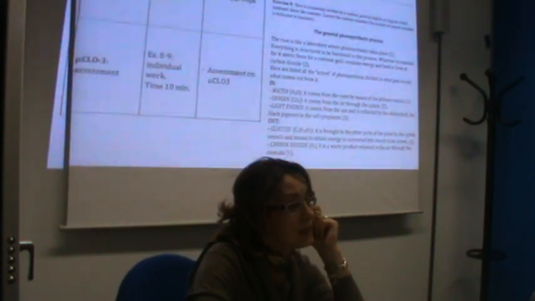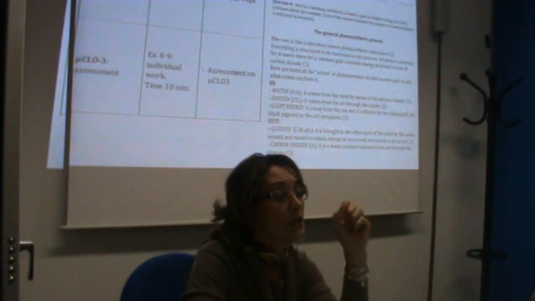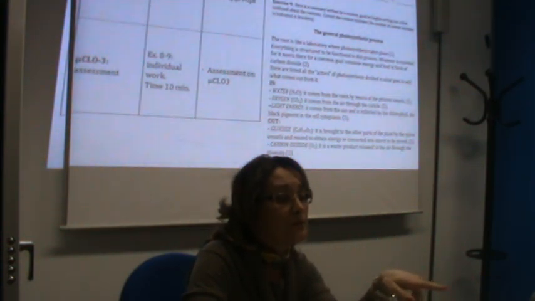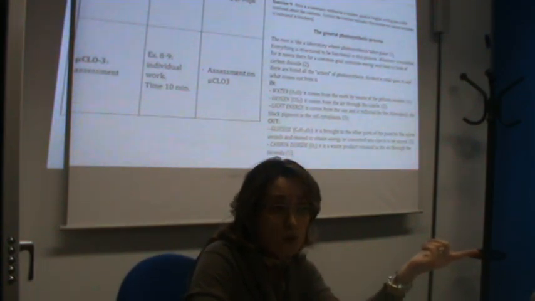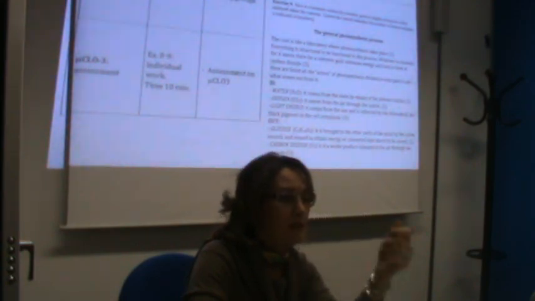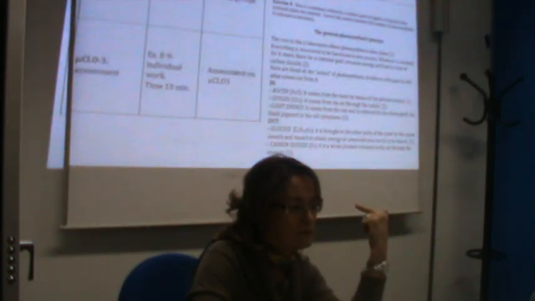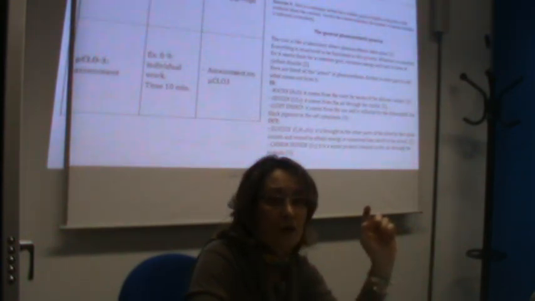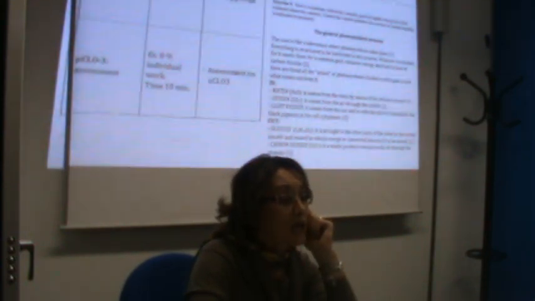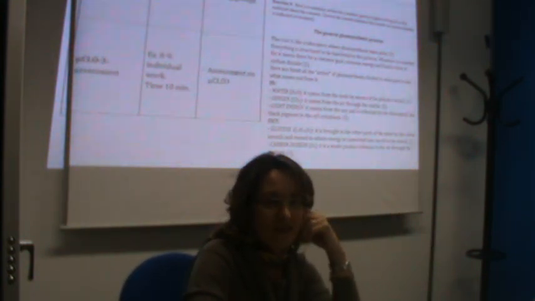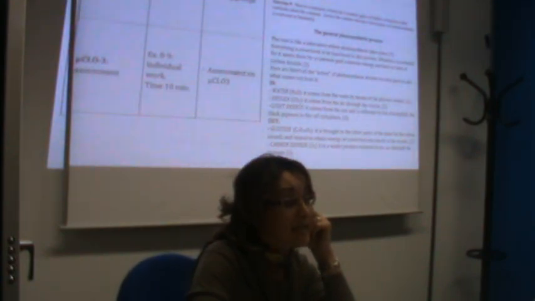Then there is exercise 8, that is only looking at the picture. They have to write down the formula. The formula we gave them in the previous exercise, the formula of glucose. So I think they could do exercise number 8.